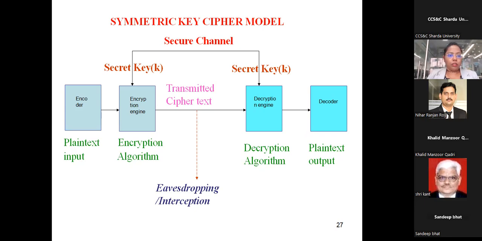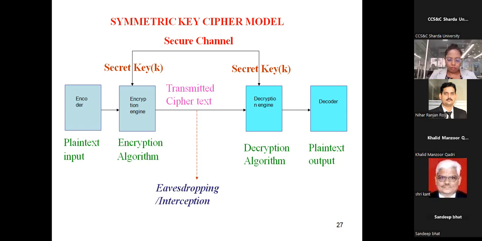But another problem you can face is that there is a communication link, and that communication link is open. Since it is open, anybody can eavesdrop, anybody can listen to it, and that's why this is called eavesdropping or interception.